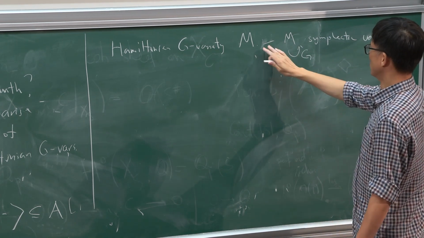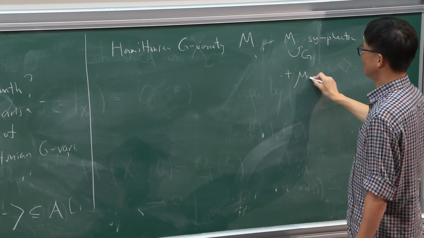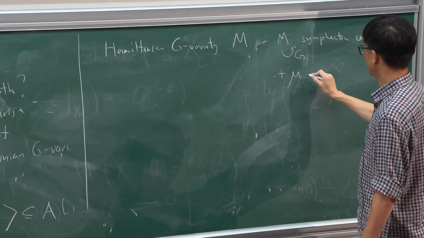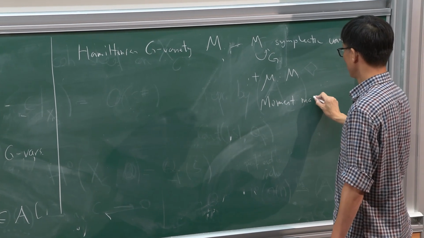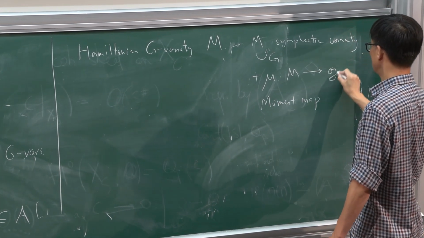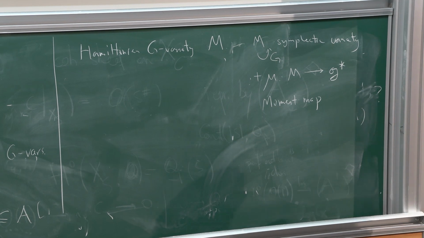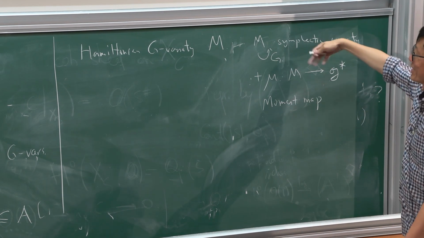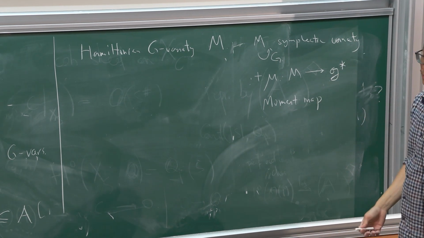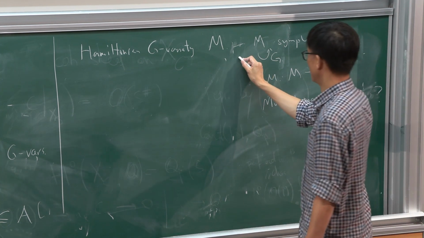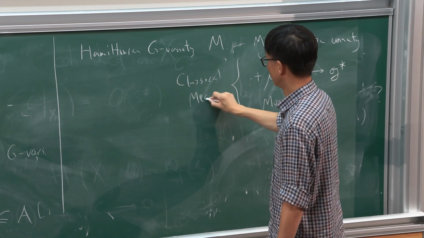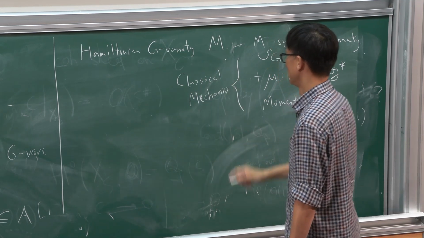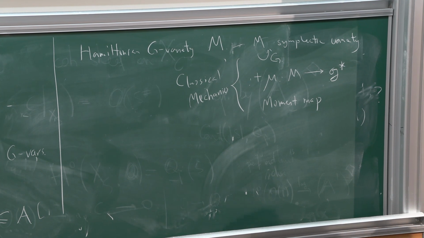And then the Hamiltonian part is saying that it is equipped with a moment map to the dual of the Lie algebra. Okay. So these are the setting for classical mechanics, objects that are studied in classical mechanics, although Newton probably wouldn't recognize it.